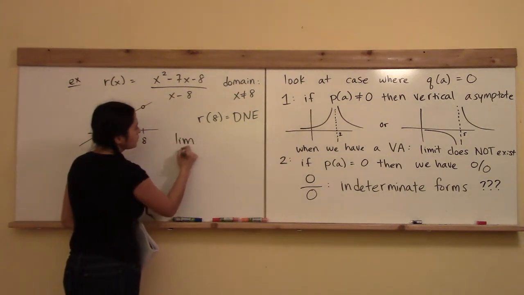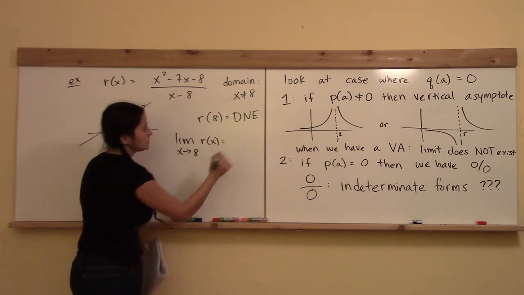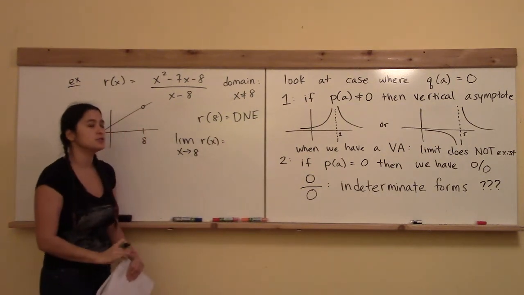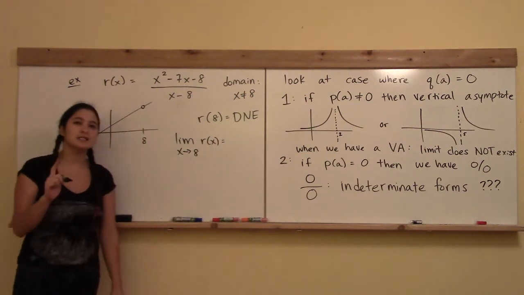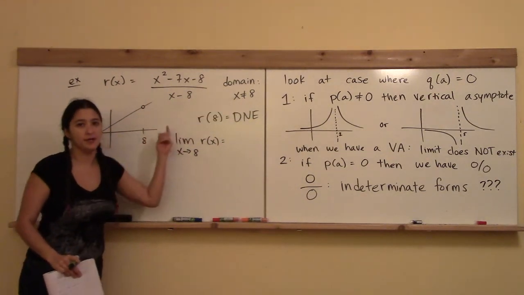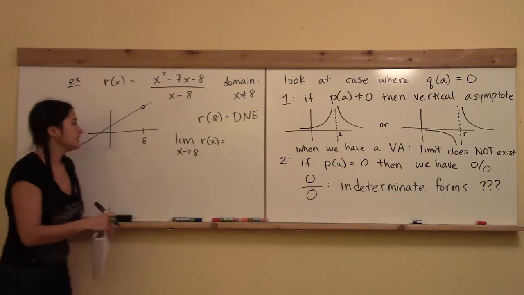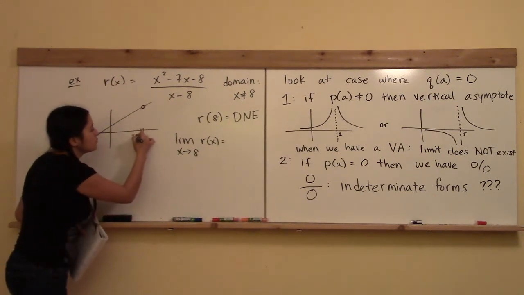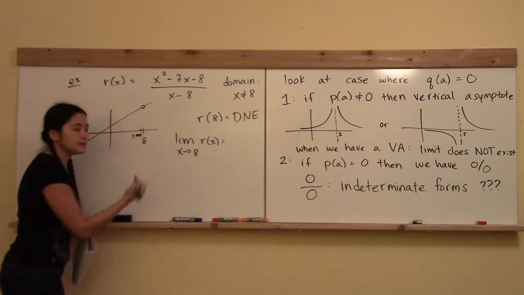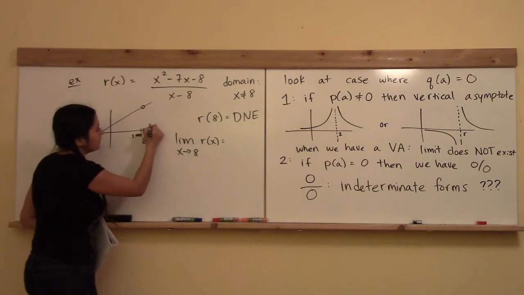Okay, but what we're going to go into a little further here is the topic we've been talking about, the limit as x approaches 8 of r of x. Now that's a little different. X equal to 8 is not in the domain, so I have an open circle where x is equal to 8. However, is the number 7.9999999 in the domain? Yeah, it's not equal to 8. What about the number 8.000000001?